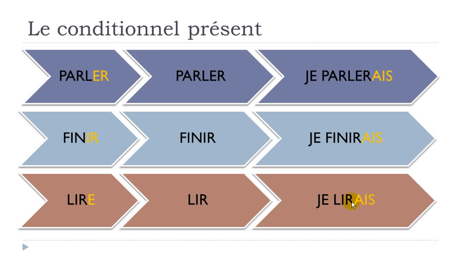Je lirais. All right, so the rule goes like, if you've got a final E then you take it away. You've got your form here, L-I-R, and then you add your ending, A-I-S, je lirais, okay? So you've got 3 forms here, and they're actually the conditionnel présent forms. Je parlerais, je finirais, je lirais, okay? Parler is to talk or to speak, finir to finish or to end, lire to read, okay?